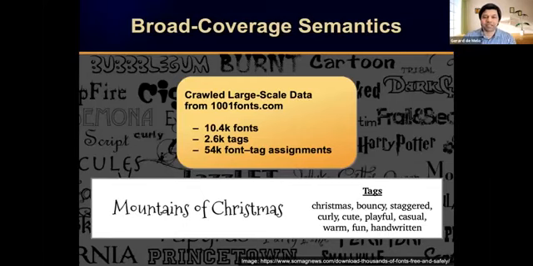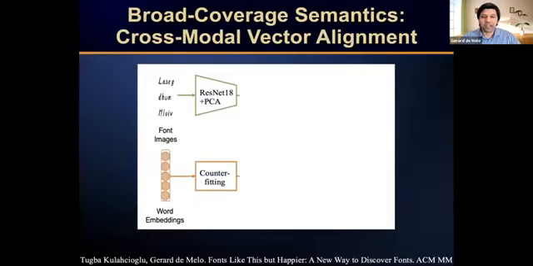So here for this example, you have a tag such as Christmas, and then you have some other tags that are more descriptive, such as cute, playful, casual, warm, and so on. And so then we went ahead and again got our visual font embeddings using a deep model.